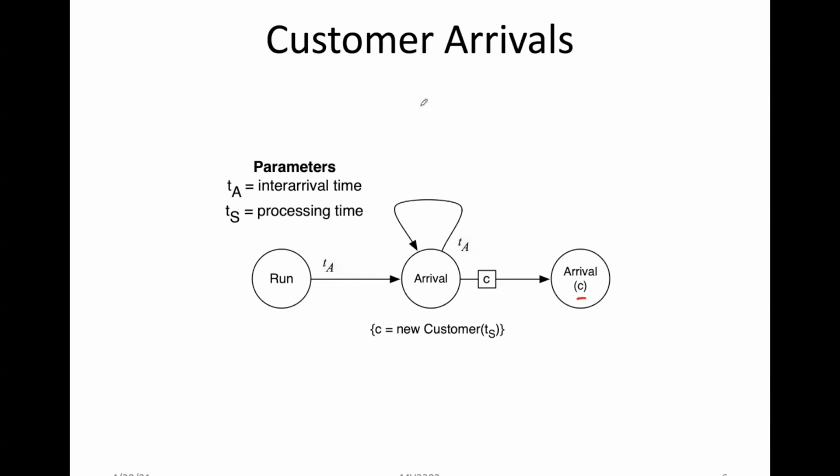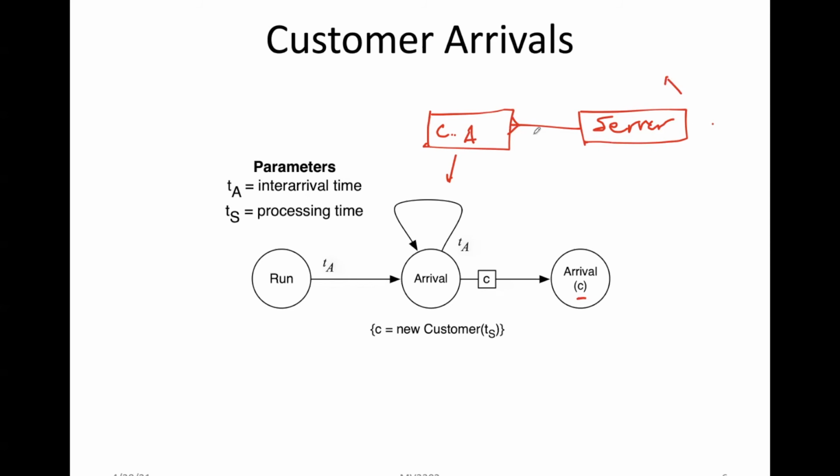So here's how this would work: I'd have one of these customer arrival guys. I'll call it CA for customer arrival. And then here's my server. Yeah, I should have put this in. I'll add this in and upload an updated copy if you want to keep it there. So this is one of these guys, and the server is one of the ones on the previous slide.